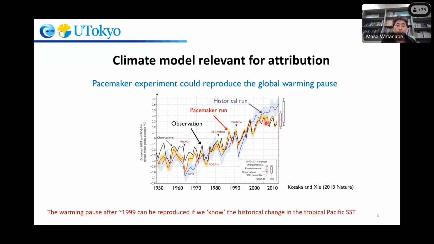This was clearly relevant for attributing the past climate change. And this specific work tells us if we know the historical change in the tropical Pacific SST, the warming pause could be reproduced quite well.